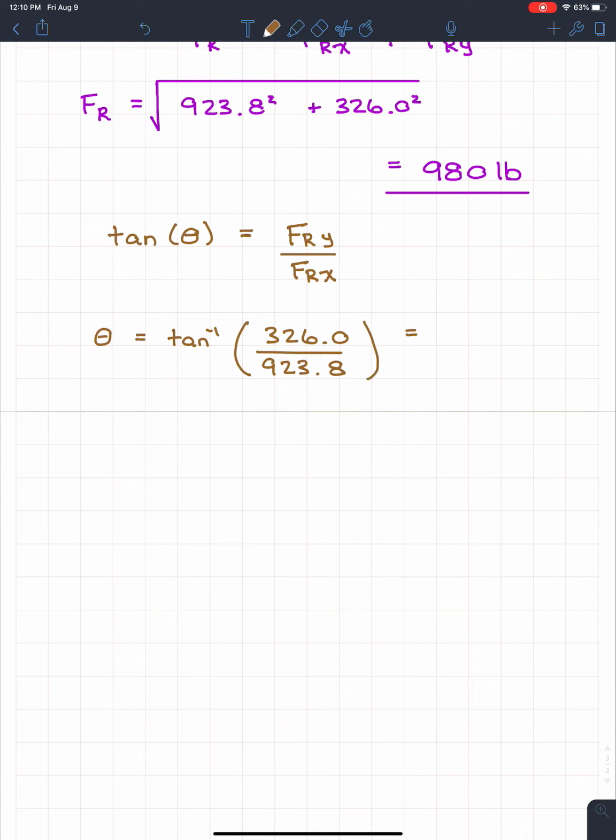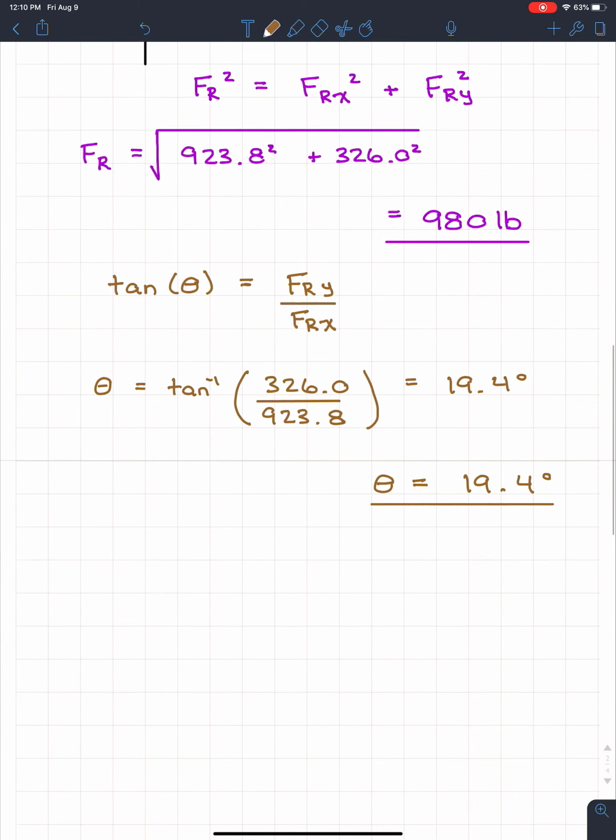So we throw that in our calculator, we'll get the angle to be 19.4 degrees. So therefore theta is equal to 19.4 degrees. I guess I'll underline it just to help show it.